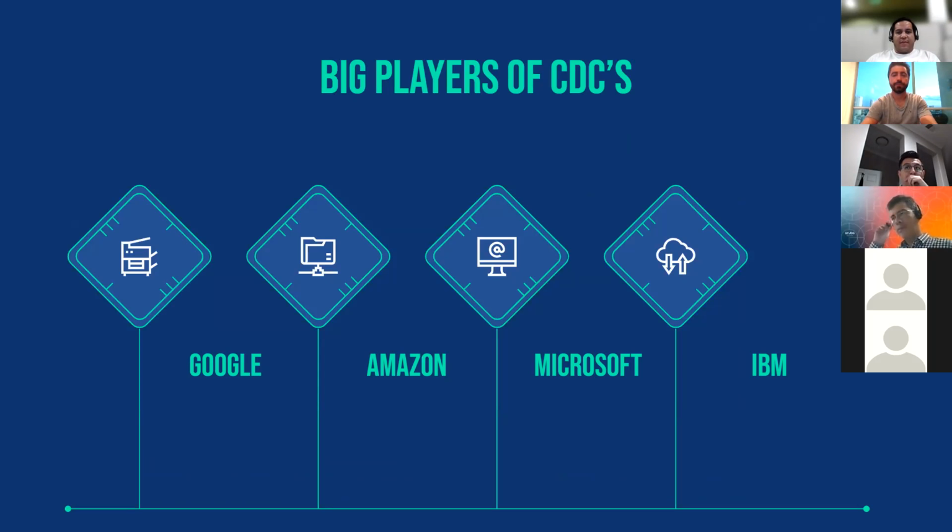These are the big players of CDCs: Google, Amazon, Microsoft, and IBM. They are struggling with the current energy scheme, how they power their data centers. But future CDCs are required to provide cloud services with minimum emissions of carbon footprint and heat release in the form of greenhouse gas emissions.